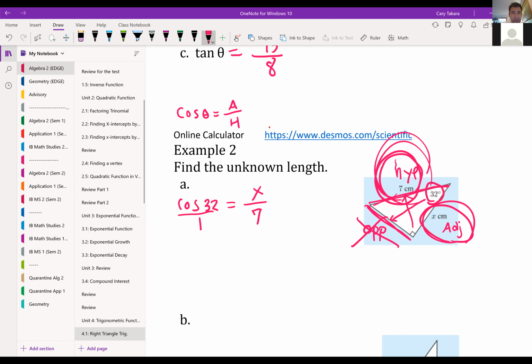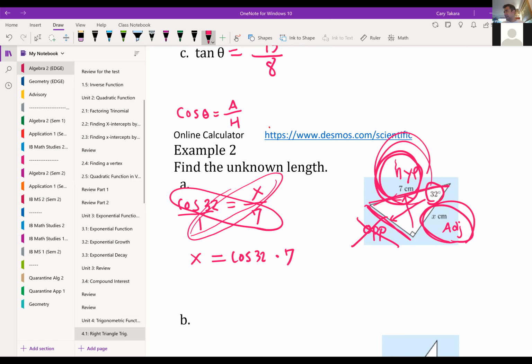We've got two fractions equal to each other, so we can use the cross multiplication. So 1 times x, which is just x. X equals cosine of 32 times 7. And so what is x? X equals cosine of 32 times 7.